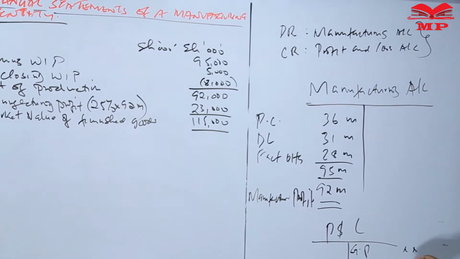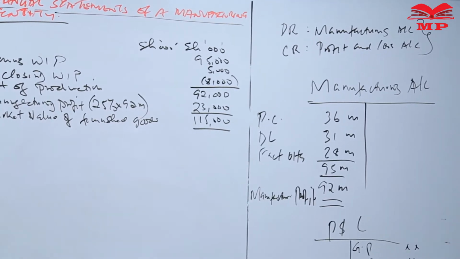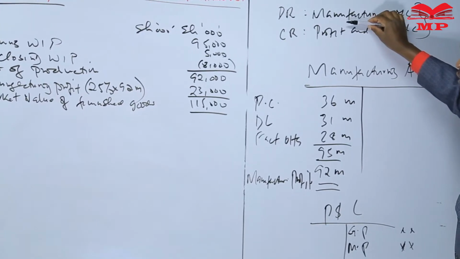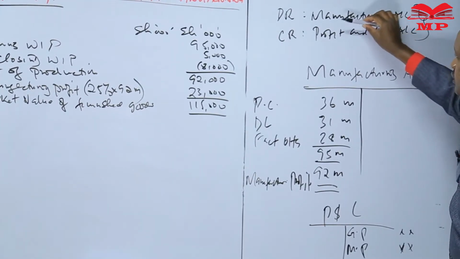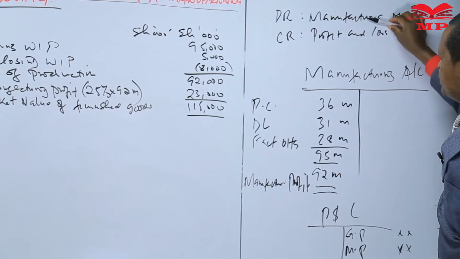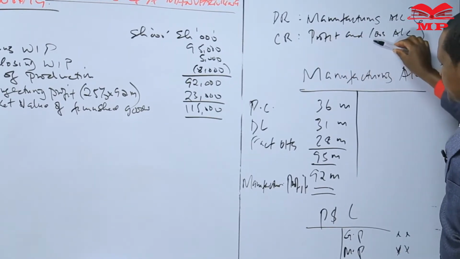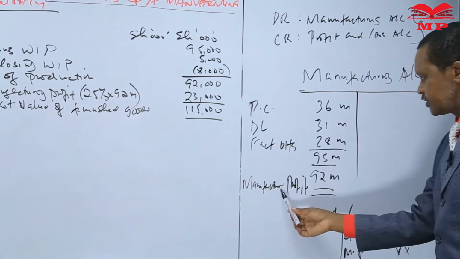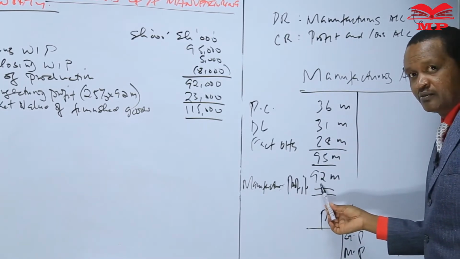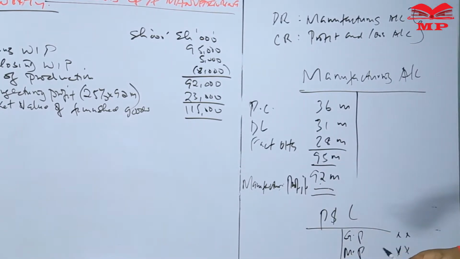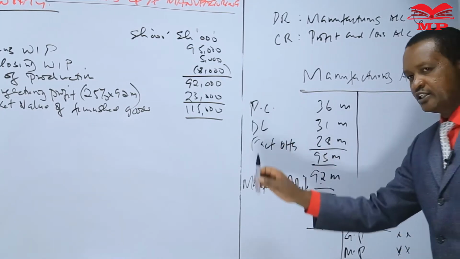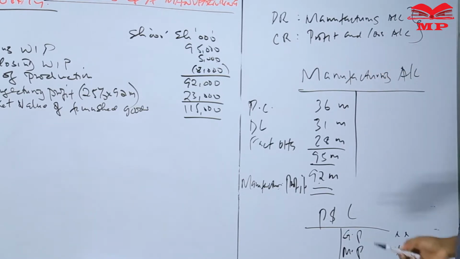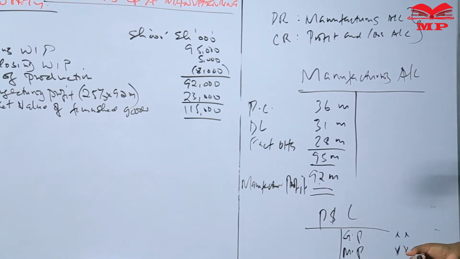We'll add it to this profit. That is the double entry. When we said in our last lesson that for the manufacturing profit the double entry is debit the manufacturing account, credit profit and loss account, this is what I meant. The manufacturing profit here is debited, and the corresponding double entry is to credit the profit and loss account.